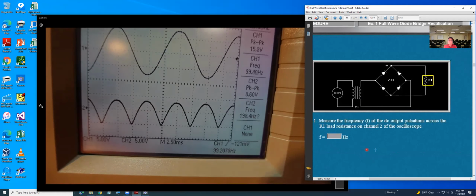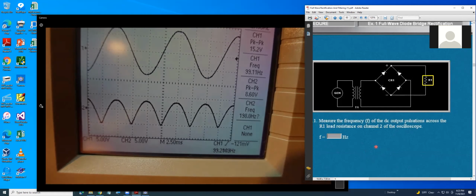Okay, measure the frequency of the DC output wave pulsation across the R1 load on channel 2. What do you think the frequency is supposed to be? It should be double, 200. Exactly. If you're looking on the oscilloscope channel 2, the frequency is supposed to be 200.